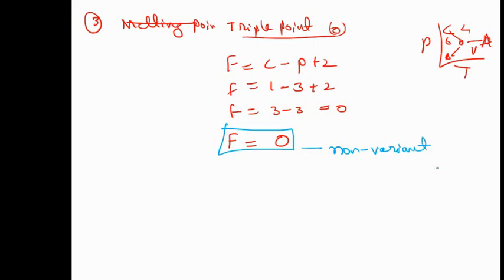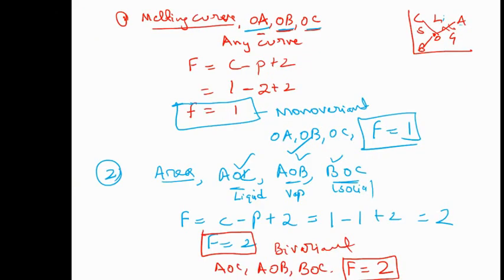So these are the 3 main important significances, and we have another significance that is called the metastable state.